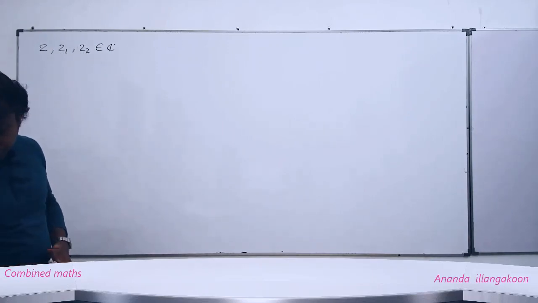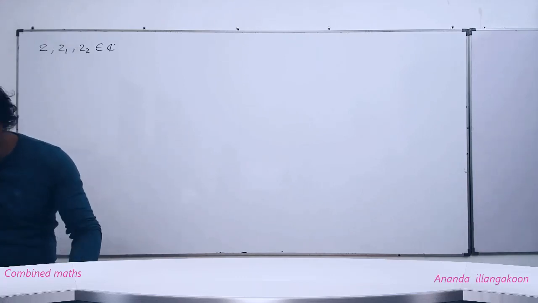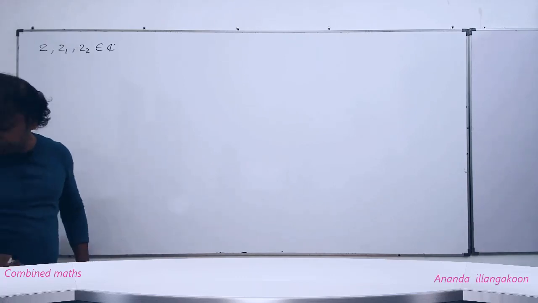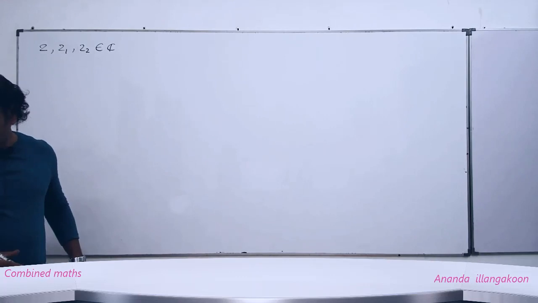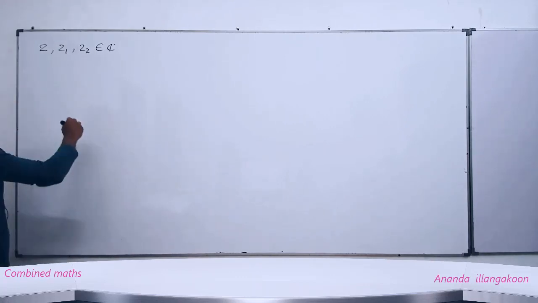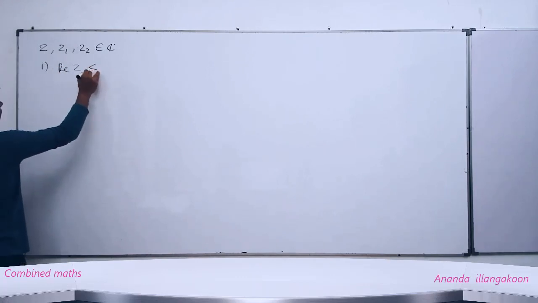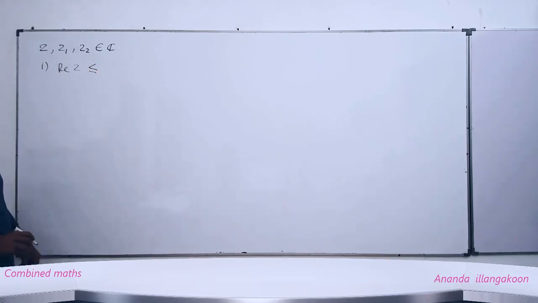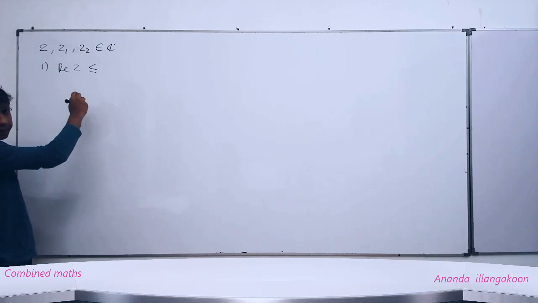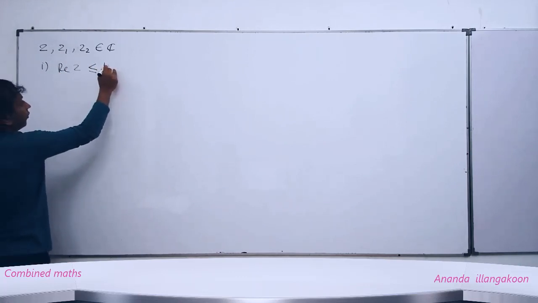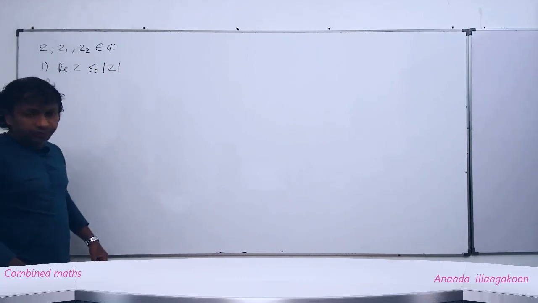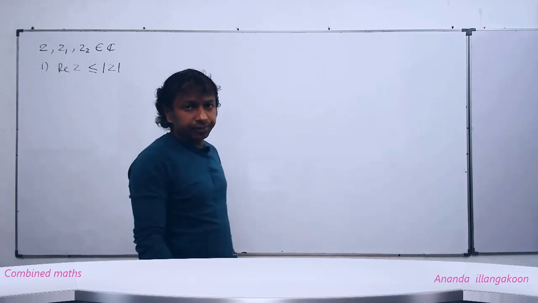Show that, first one, the real part of Z is less than or equal to mod Z. That we have already done, right?